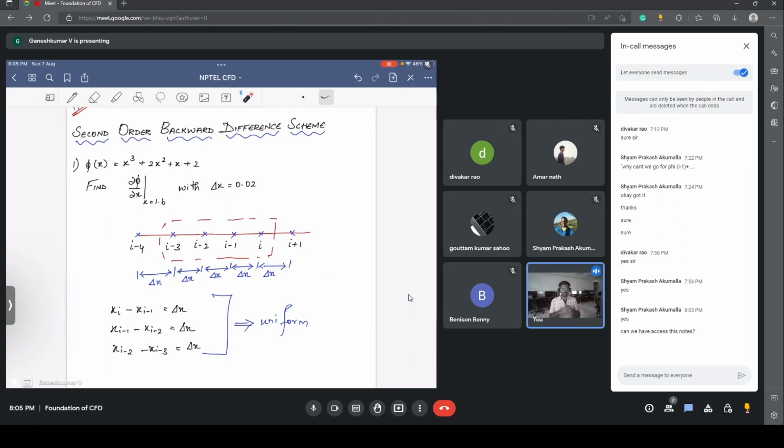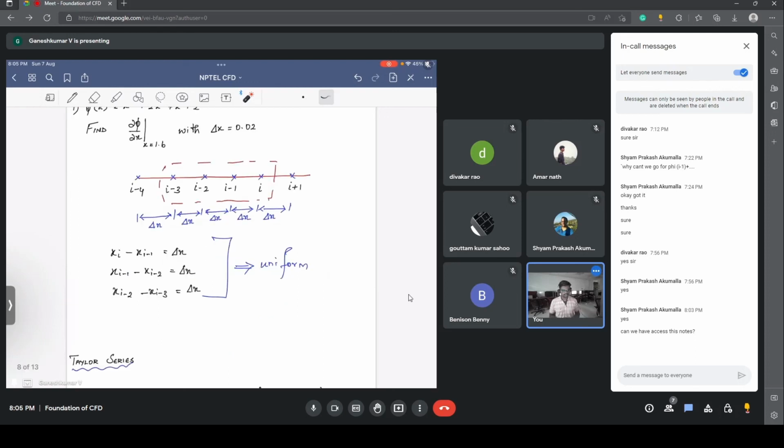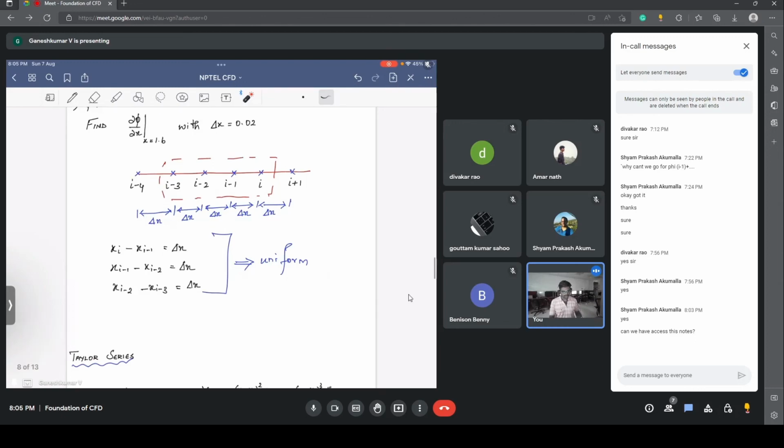That's why people usually go for a fine mesh to get accurate results. When you reduce the delta x, your error is going to reduce. If it's a second order scheme, it's even more helpful, because the error is going to be reduced by 1/4. That's the basic idea of making a fine mesh and getting a more accurate solution.